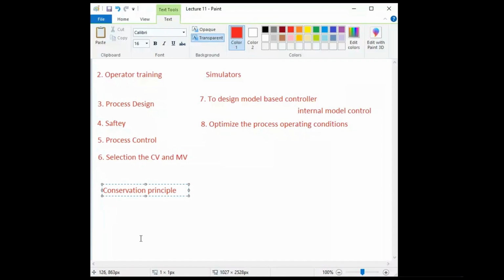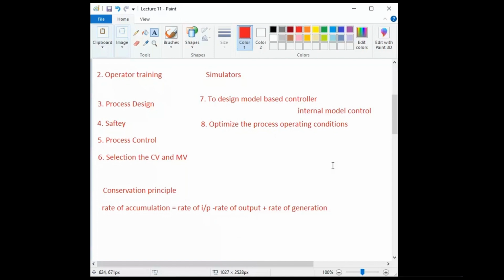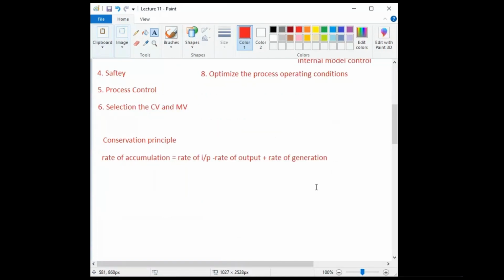So here, the rate of accumulation will be equal to rate of input minus rate of output plus rate of generation, right?